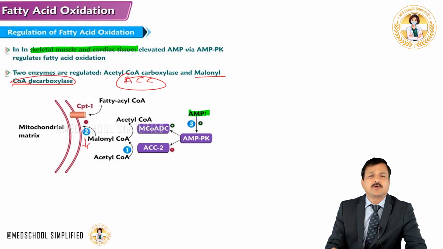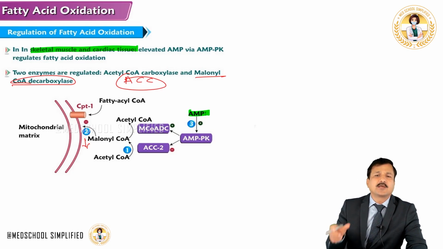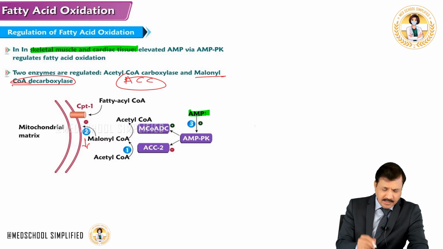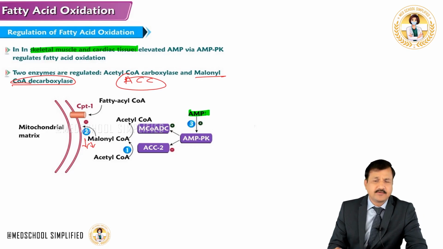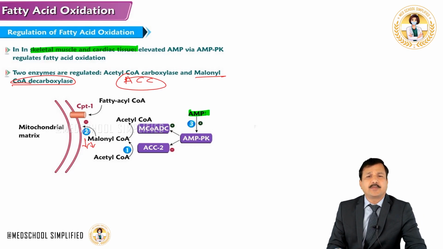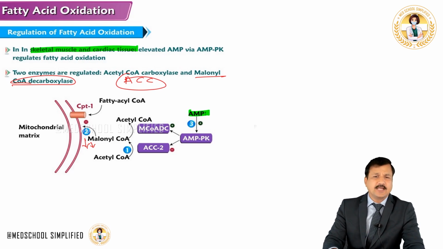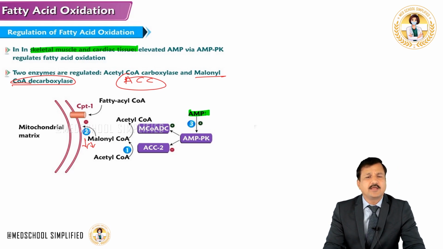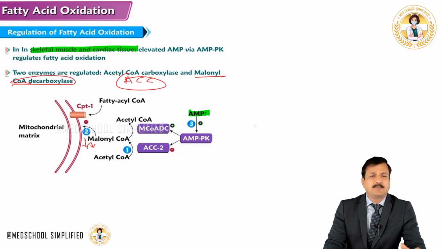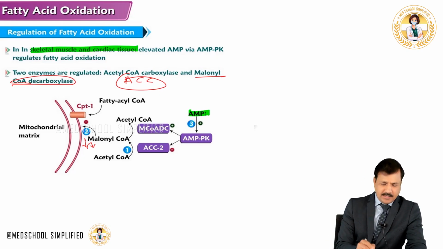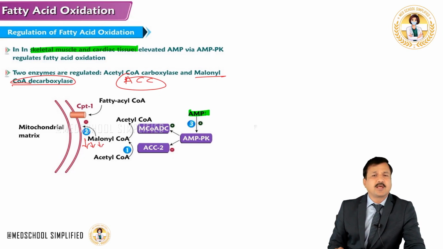That is also activated by AMPK, because AMPK is going to keep malonyl-CoA decarboxylase active, thereby further decreasing malonyl-CoA levels. So that means AMPK is going to decrease the formation of malonyl-CoA by keeping acetyl-CoA carboxylase inactive, and also it is going to increase the degradation of malonyl-CoA into acetyl-CoA by keeping malonyl-CoA decarboxylase active. So overall, AMPK is going to totally decrease malonyl-CoA levels.